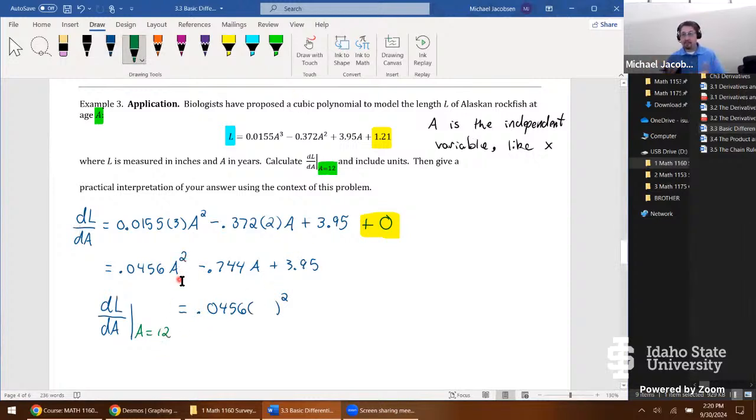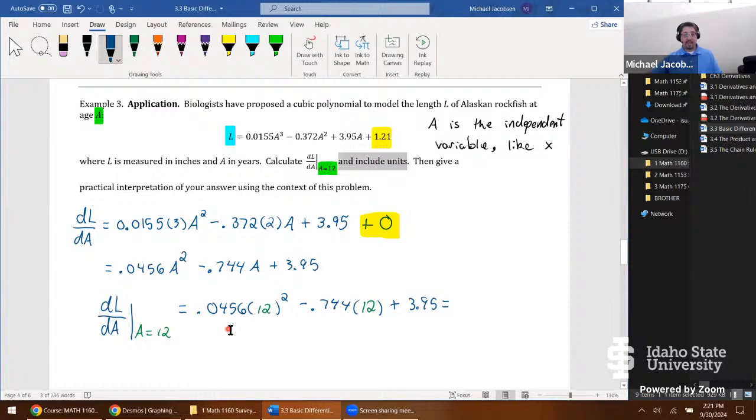It's just plugging in everywhere you see the variable a occur. So it's going to go into this location for 12 squared, minus 0.744 times a power 1. So we'll throw a 12 right into that location. Then plus 3.95. So we want to calculate this thing, include units.